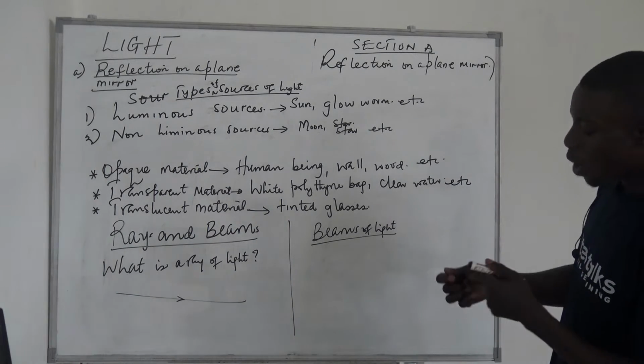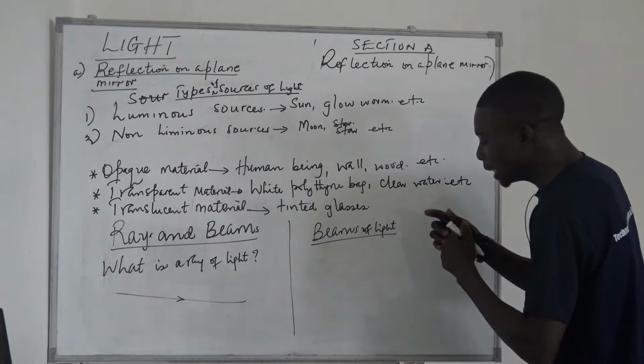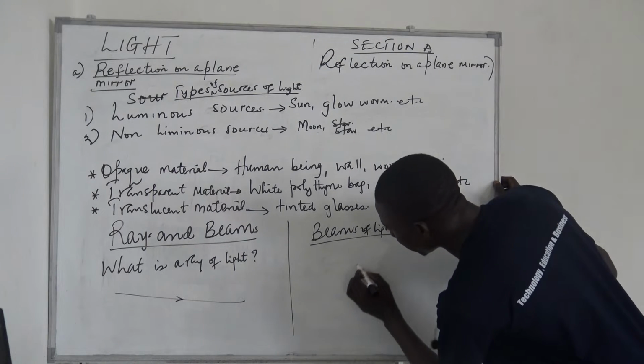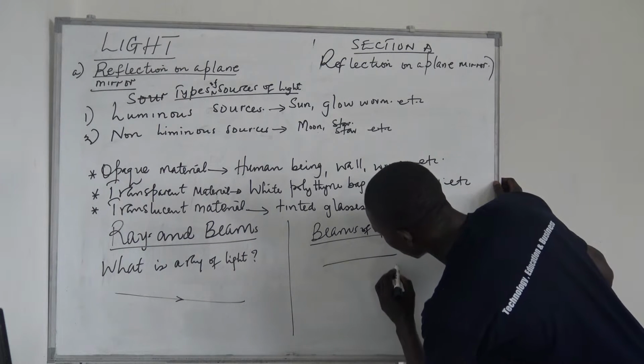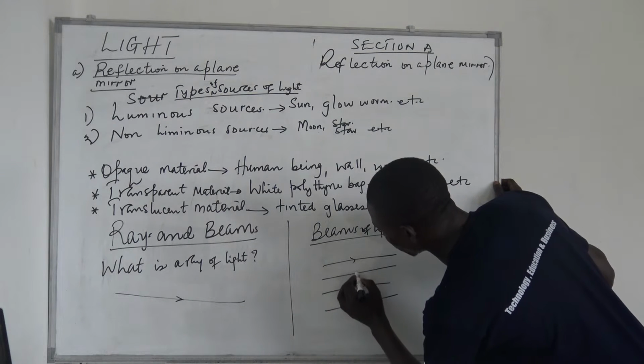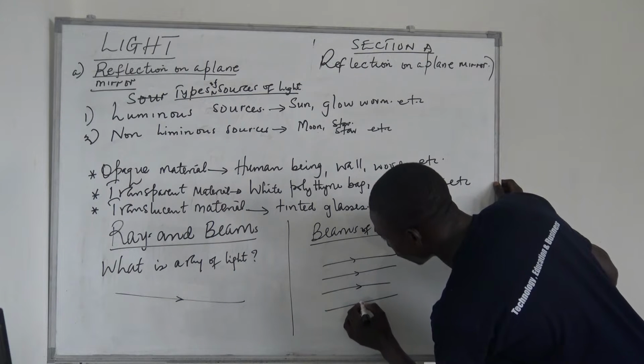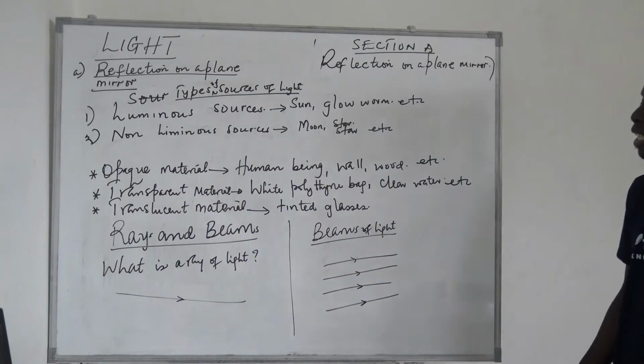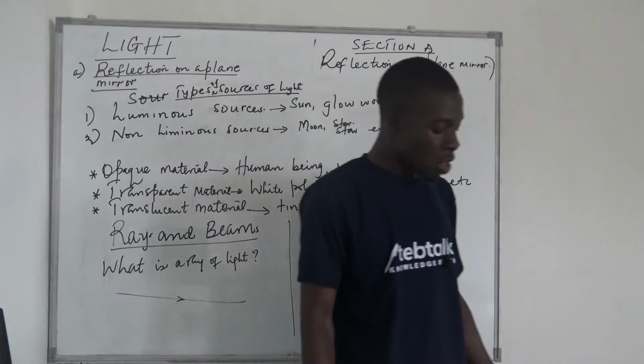And we can also represent it, as I've said. I can draw like this, like this, like this. A number of them, because we say it is a collection. But don't forget, we should have a specific direction of travel.